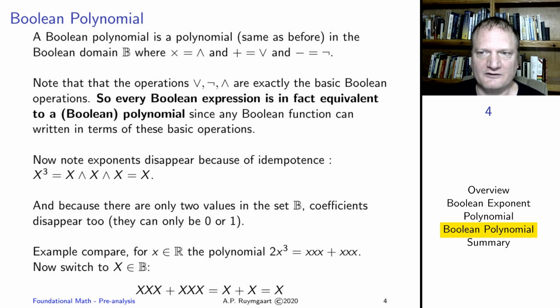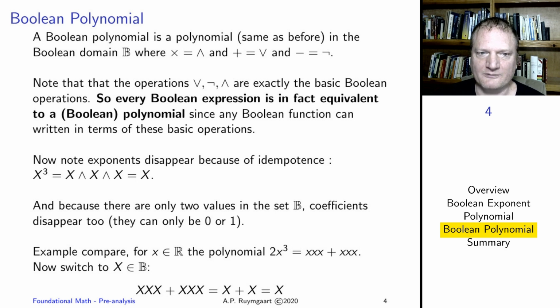Now, let's do an example where we compare, on real numbers, the polynomial 2x cubed. 2x cubed equals x cubed plus x cubed, or xxx plus xxx. Now, what happens if we switch to the Boolean domain here?